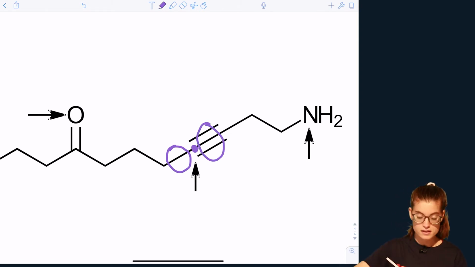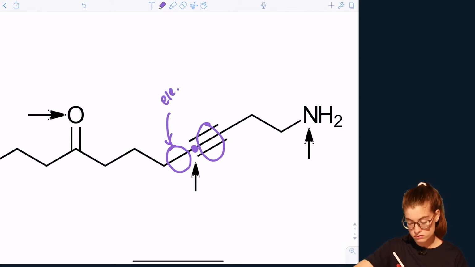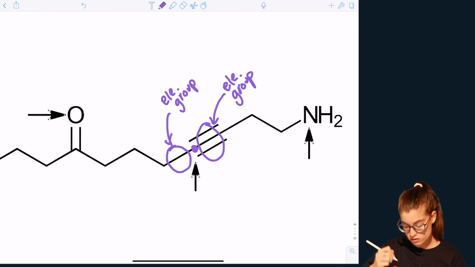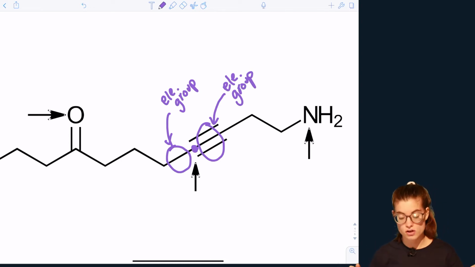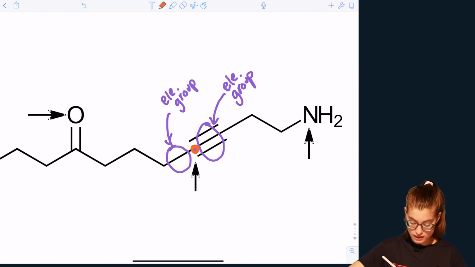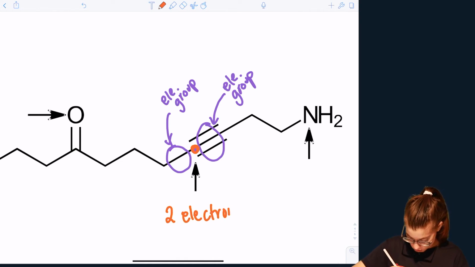And remember, a single bond counts as an electron group, and a triple bond also counts as an electron group. So both of these are electron groups. Therefore, how many electron groups does our carbon have? Well, the answer is that it has 2 electron groups.